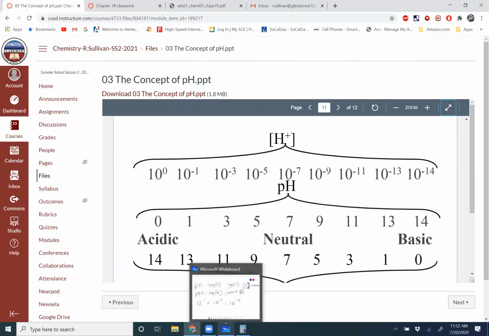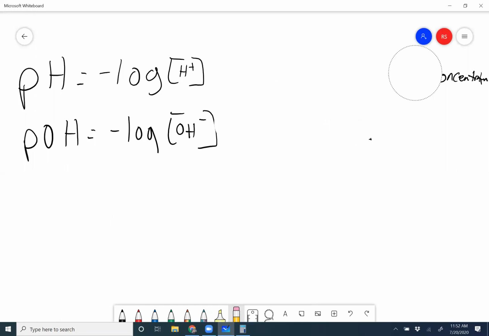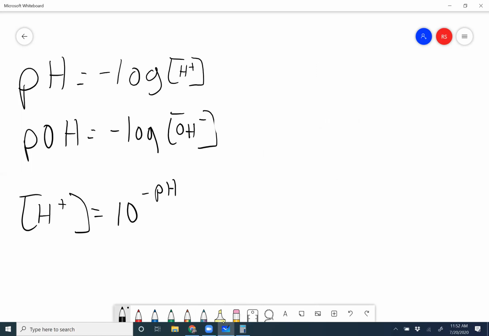So here's some handy dandy things for you to remember when doing your work in the quiz or whatever. pH is negative log of hydronium concentration in molarity. pOH is negative log of hydroxide concentration in molarity. And then the concentration of hydrogen ions will be 10 to the negative pH.